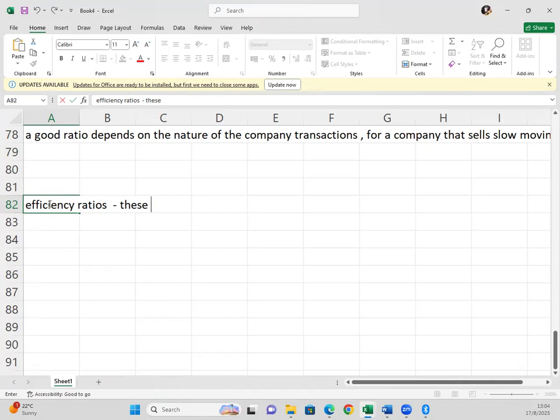So the efficiency ratios look at how the assets were utilized.